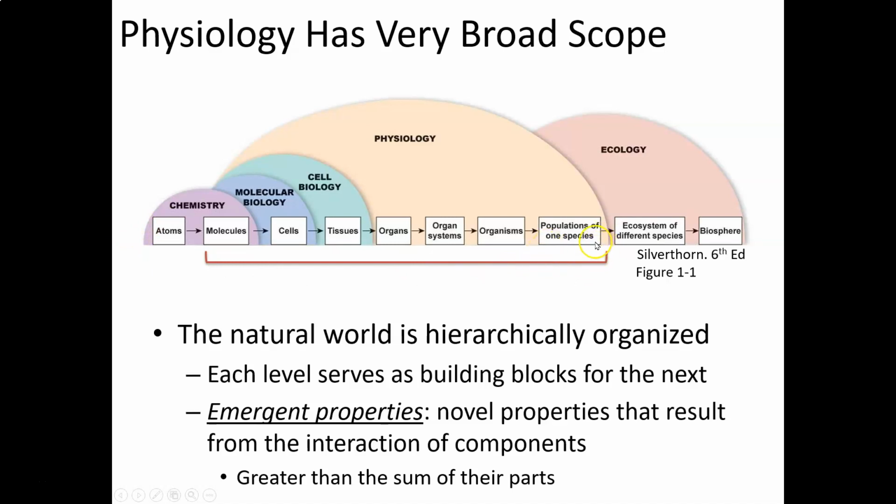And certainly populations matter, especially for looking at a lot of different things, especially for disease in a population or things like that. Like epidemiology or something. So we're going to spend most of our time, though, in this middle area here, where we're going to be talking largely about organ systems.